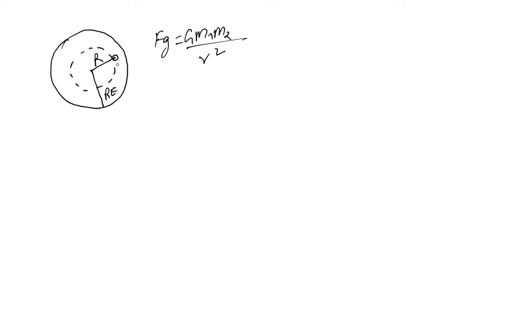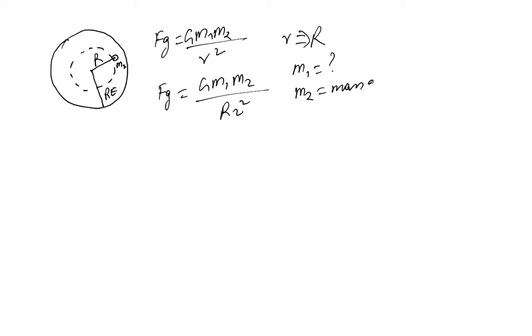Clearly, let's say if this is mass m2, and r we already have identified as capital R, so Fg is nothing but G m1 m2 over r squared, where m1 we need to find out, m2 is the mass of the body, and r is the distance from the center.